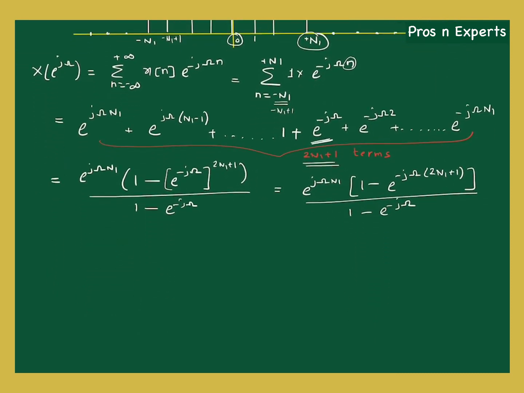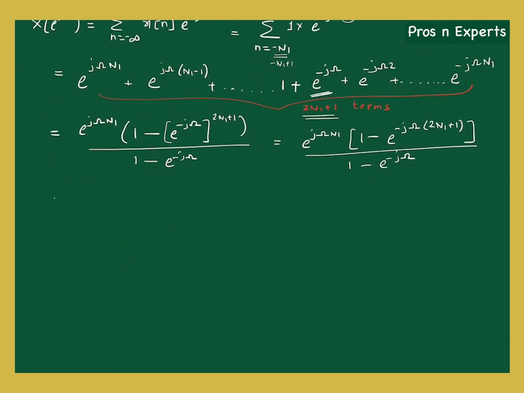Let me take some space here. Okay, that is equal to, now this can be simplified, with e raised to j omega n1 as it is. So here it is e raised to minus j omega into 2n1 plus 1. I can take half of the exponent outside of this bracket: e raised to minus j omega into 2n1 plus 1 whole divided by 2.